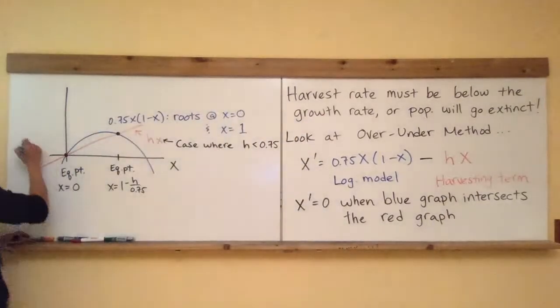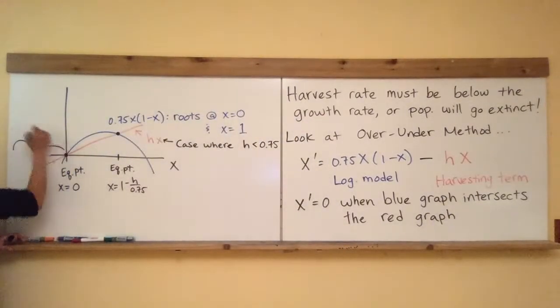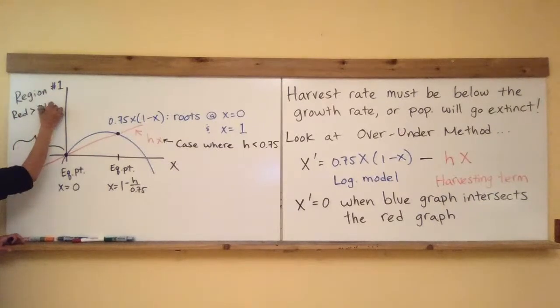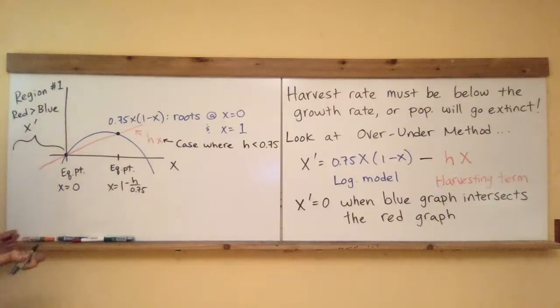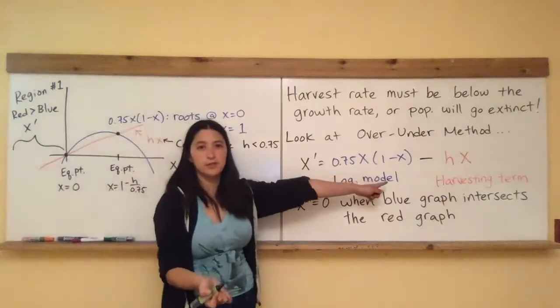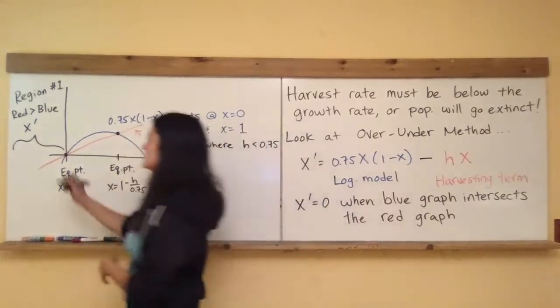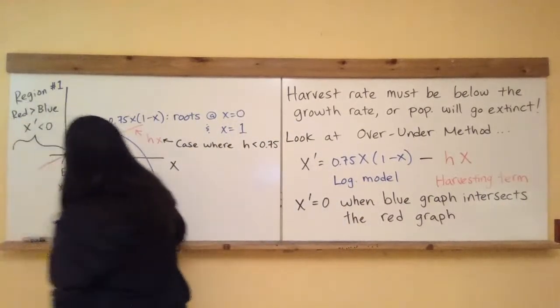Okay? And right here in region 1, okay, red is greater than blue. So x prime, since red is greater than blue, it means that this is bigger than that. So x prime is less than 0. Right?